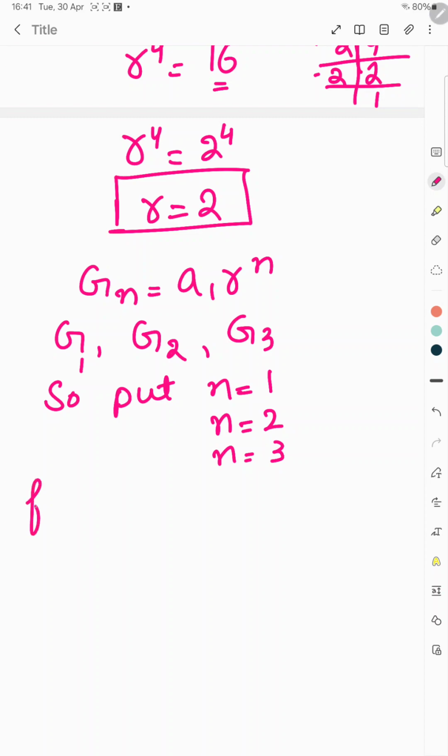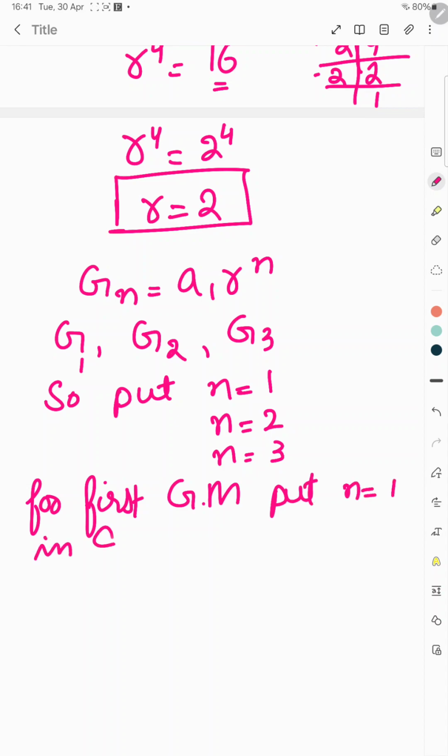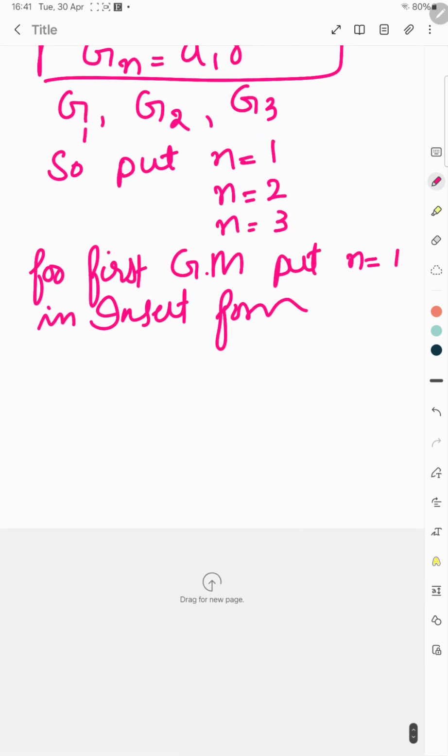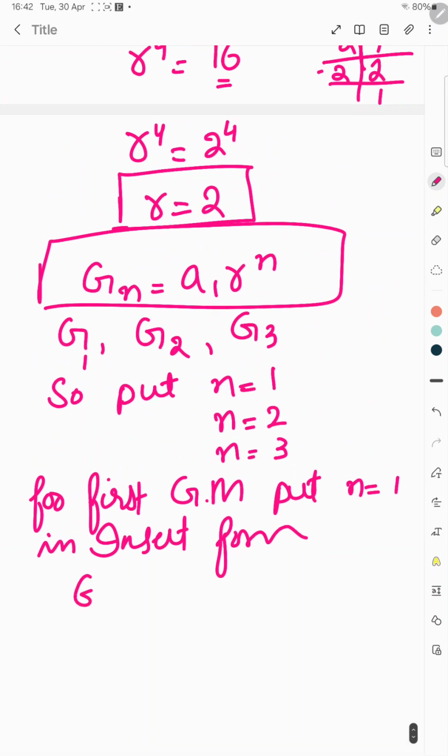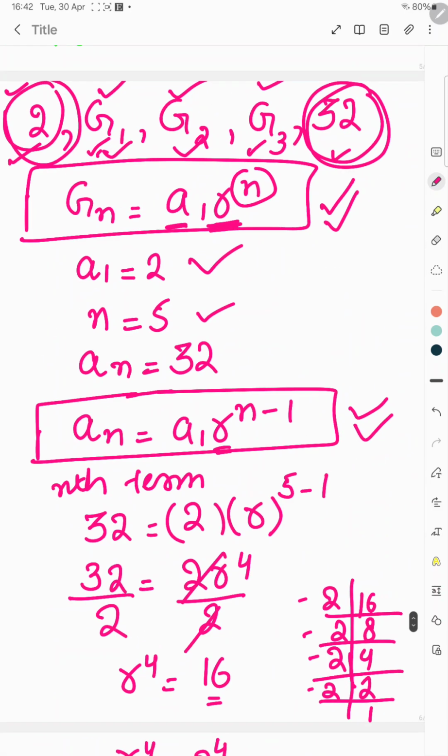Now for the first geometric mean, put n is equal to 1 in the insert formula, which is this formula. So here I will put G1. A1 is given to me. What is the value of A1?